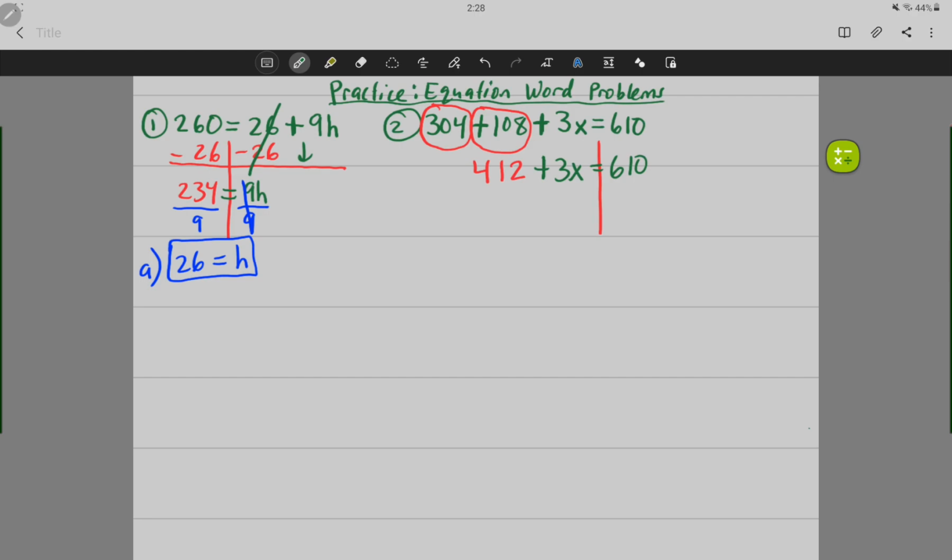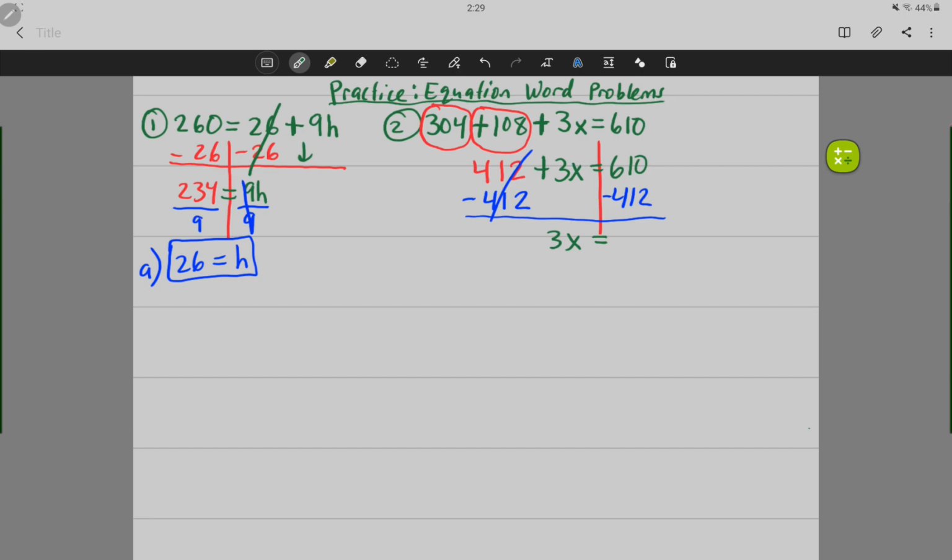However, we do see the positive 412. The inverse or opposite of a positive is a negative, so we want to subtract 412 on both sides. 412 minus itself is 0. Let's just cancel that. Then we're going to bring down our positive 3x and our equal sign.